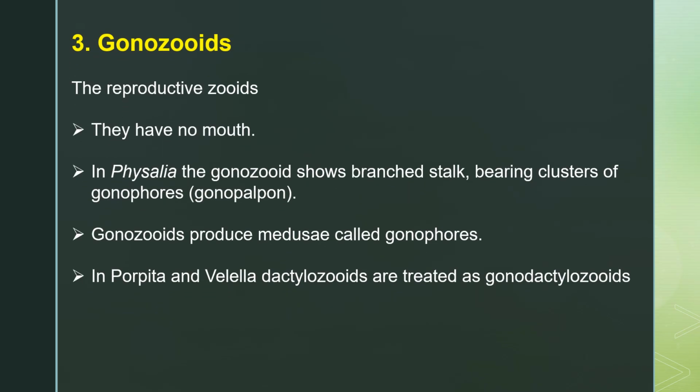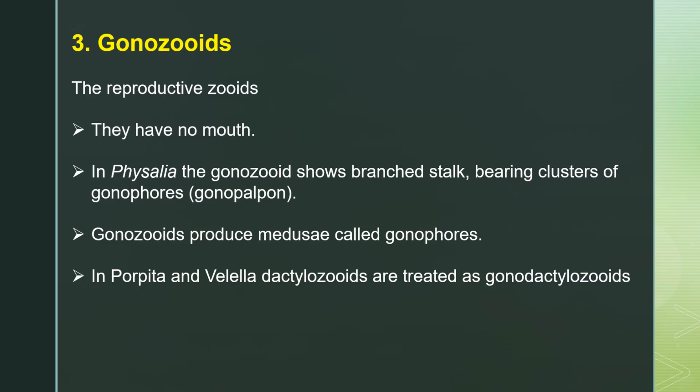Gonozoids are the reproductive forms of zooids. They have no mouth. In some forms like Hydractinia, the gonozoid shows a branched stalk bearing clusters of gonophores, or we can also call them gonopalpon. Gonozoids produce medusae called gonophores.